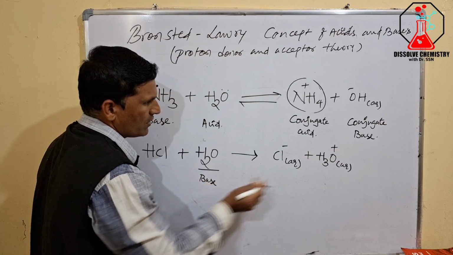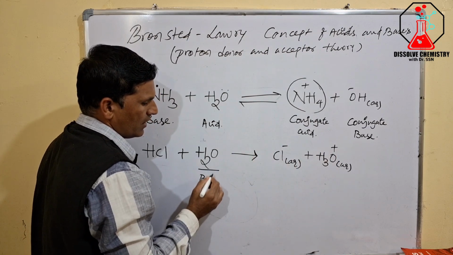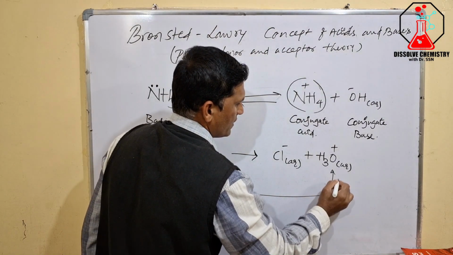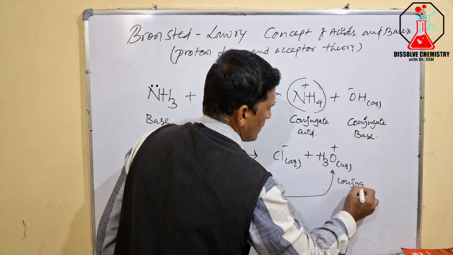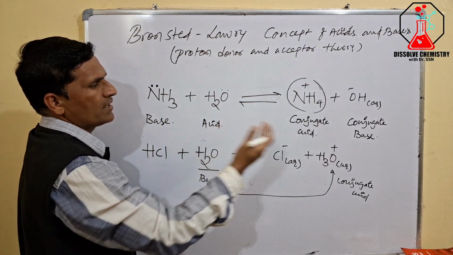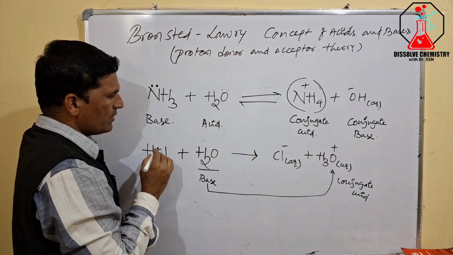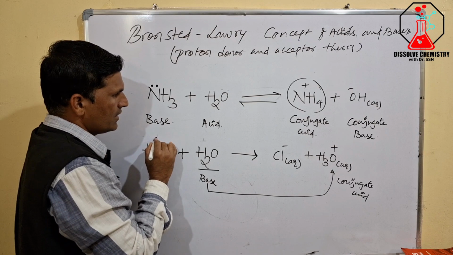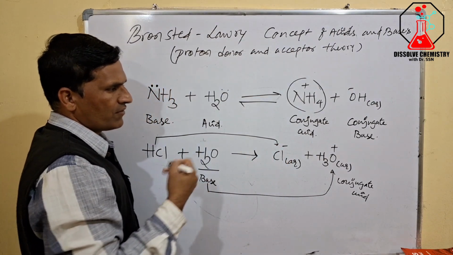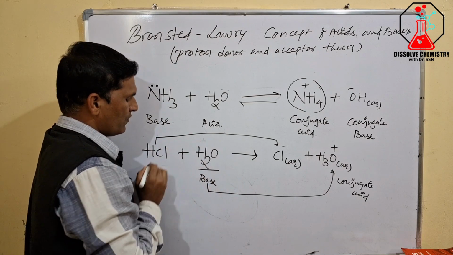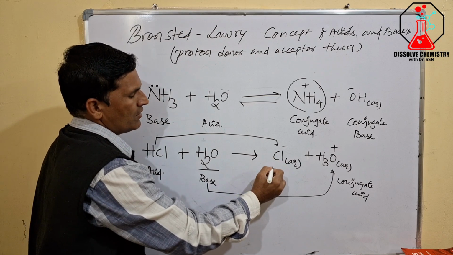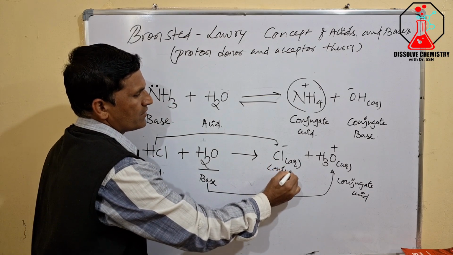It is accepting the proton, forming H3O plus, the conjugate acid. Here it is a base and it is forming a conjugate acid. Similarly, HCl is an acid and it forms Cl minus after donation of the proton. So here HCl is the acid and Cl minus is your conjugate base.